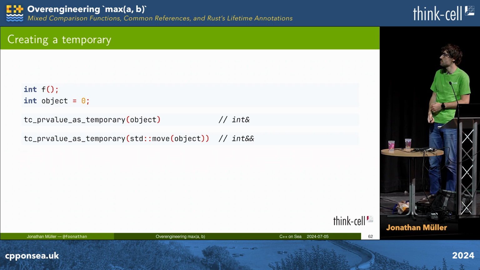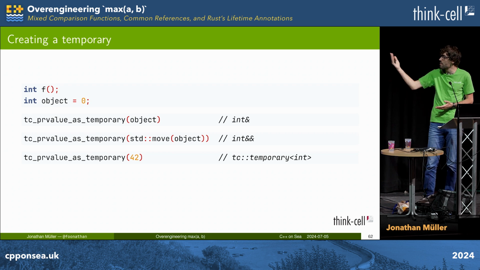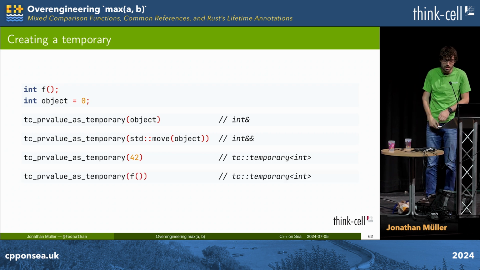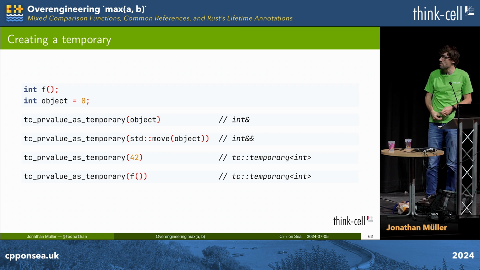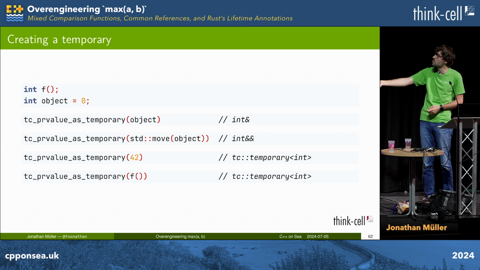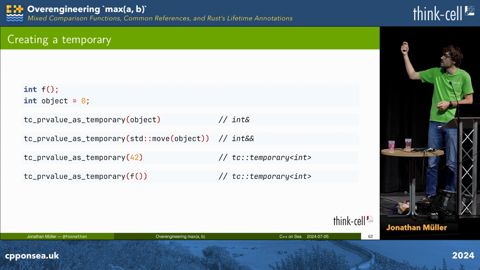It's an actual R value reference. It's an X value. If we pass in an actual PR value, we wrap it into a TC temporary. Similarly, if you have a function that returns a PR value, this wraps in a TC temporary. So now we can get the correct reference type out of it. Again, this is necessary because within a function, we cannot distinguish between L values, X values, and PR values. So we need to introduce a new type in order to make this distinction.